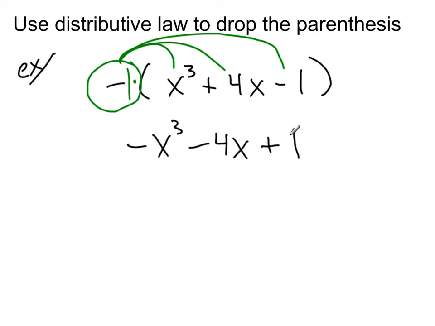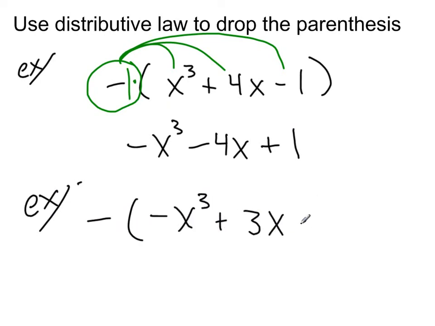Let's go ahead and see one more like this, where we'll have negative the quantity x cubed plus 3x minus 4. So we have that negative sitting out in front again. We're going to take it and distribute it to each term.